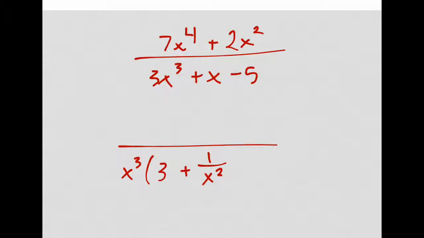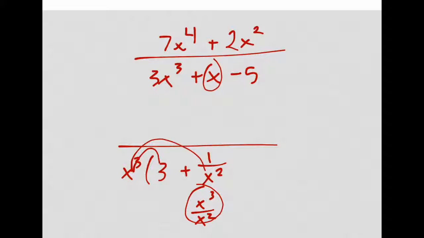The way I know this is if I distribute back in, I get 3x cubed. If I distribute that back in, I get x cubed over x squared. Remember, you subtract the exponents when you divide.